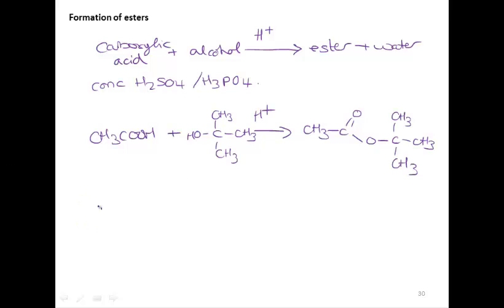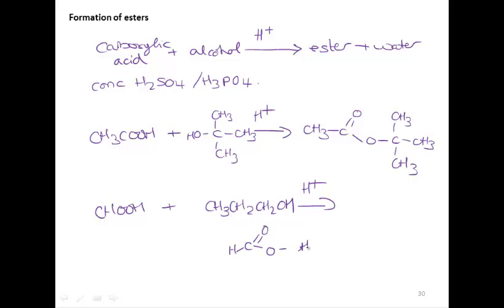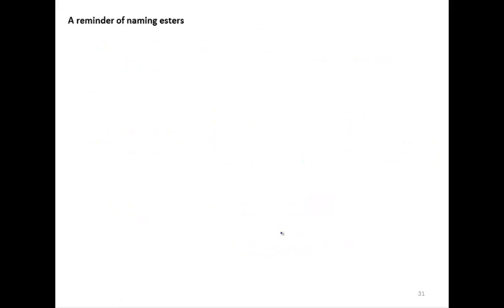Let's do it with the simplest acid possible, methanoic acid, and propanol. So you need to be able to draw esters from combinations of acids and alcohols.